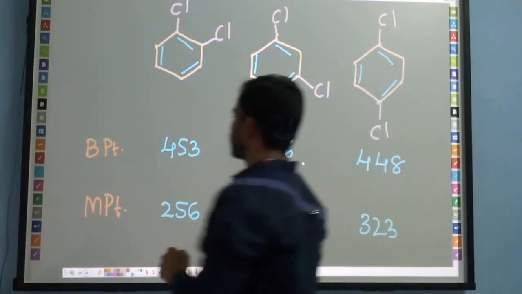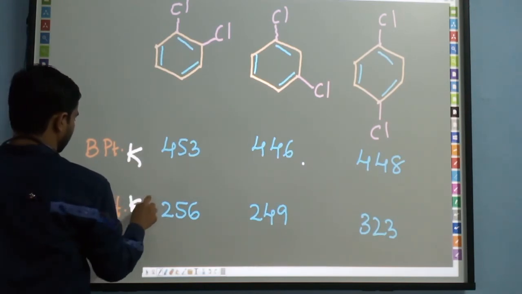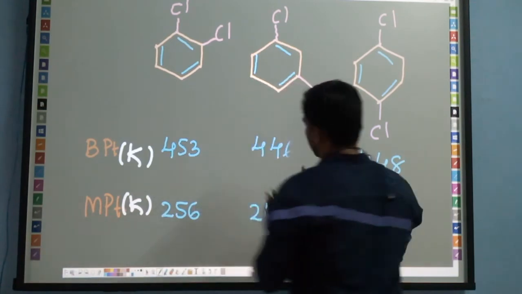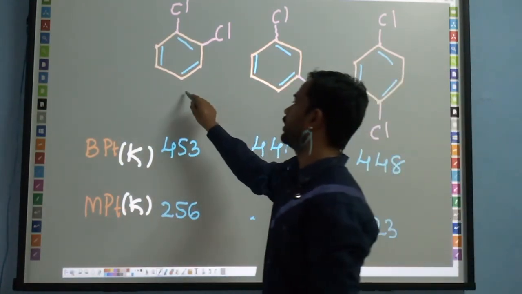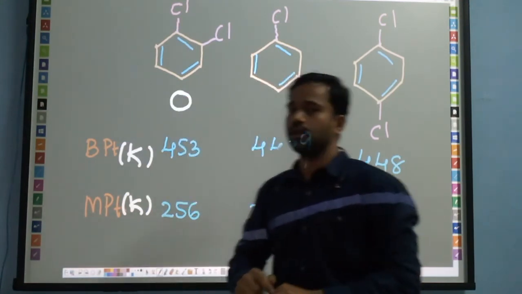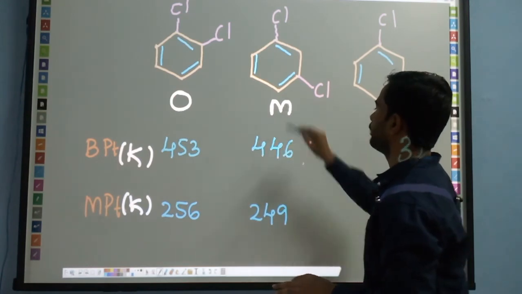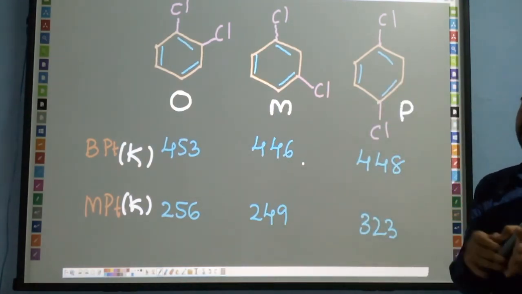The temperatures are given in Kelvin. This one is the ortho positioned compound, this one is meta, and this one is para. I think you got this.